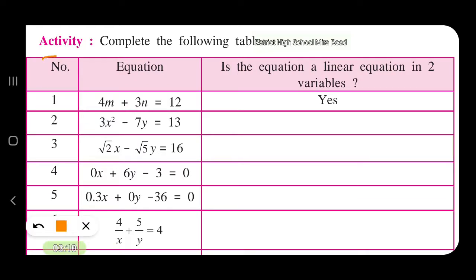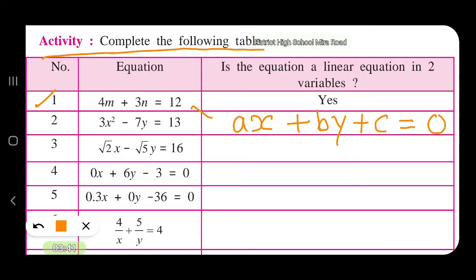Activity. Complete the following table. Number 1. Equation is given: 4m plus 3n is equal to 12. I will take this vacant space to write it. So let us compare it with the general form of the equation in two variables, which is ax plus by plus c is equal to 0.